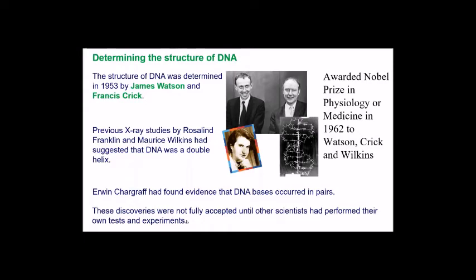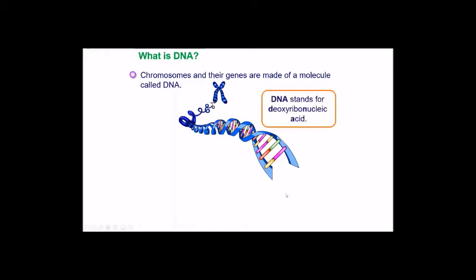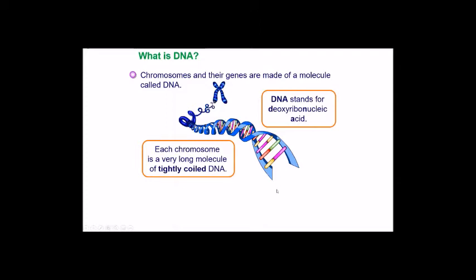So in terms of DNA, we've got, like I said, this twisted ladder, this double helix, and the rungs of the ladder are made up of what we call base pairs. So we know that our DNA is deoxyribonucleic acid, and we know that one chromosome is a long strand of this DNA molecule.